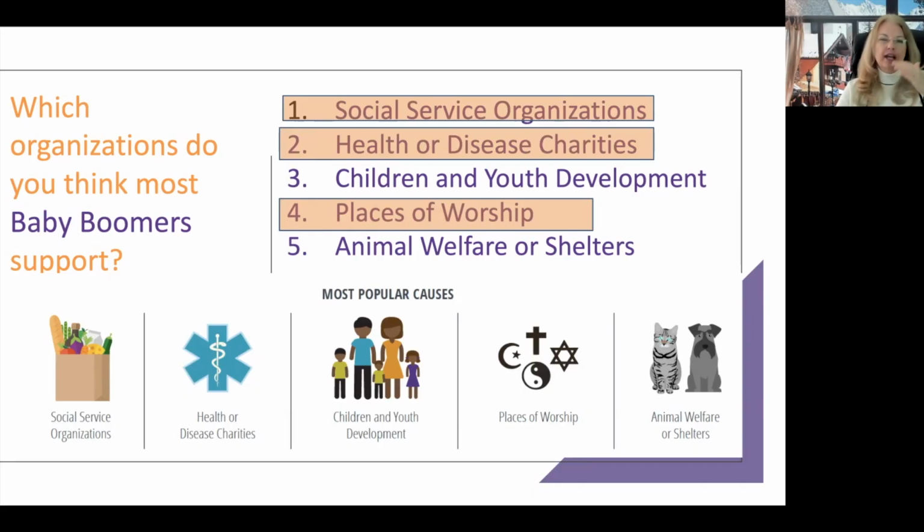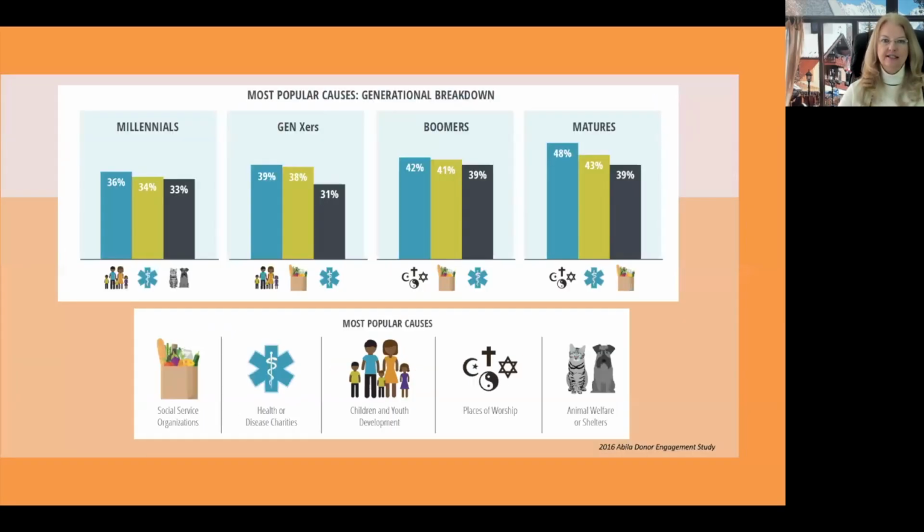The greatest generation, the older generation, they typically are aging out, and they may not be the largest donors to our organizations these days. So here's a chart just so that you can see. Gen Xers fall in there. Some Gen Xers are also becoming larger donors.